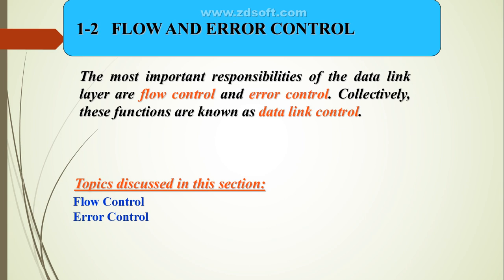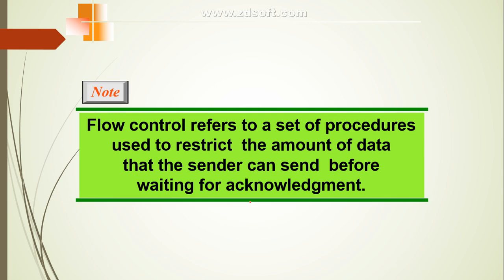Now, the most important responsibilities of the data link layer are flow control and error control, guys. Collectively, these functions are known as data link control. First of all, we would start with flow control. What is flow control? Flow control refers to a set of procedures used to restrict the amount of data that the sender can send before waiting for the acknowledgement.